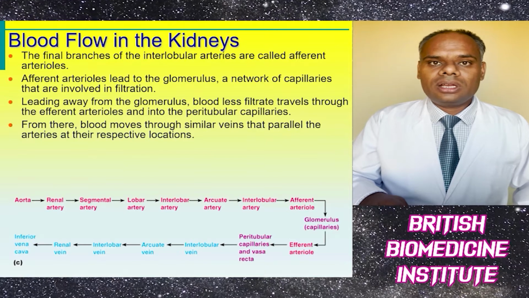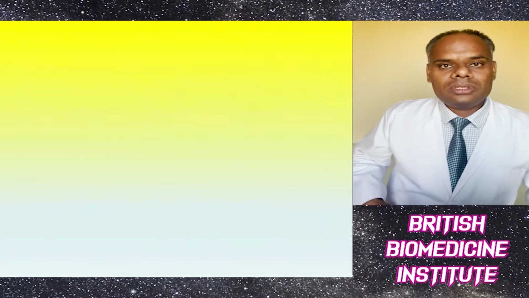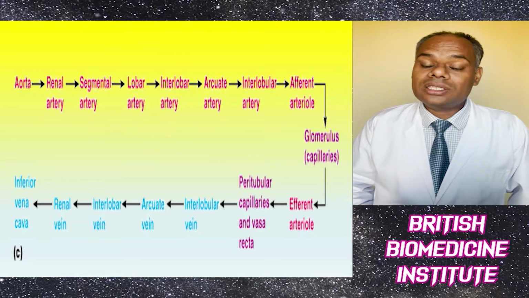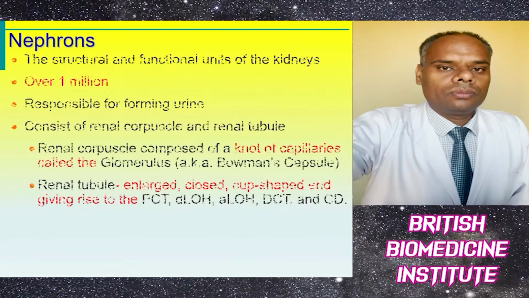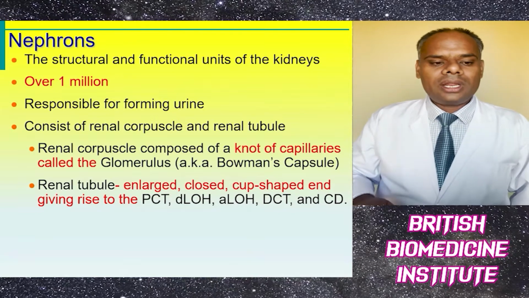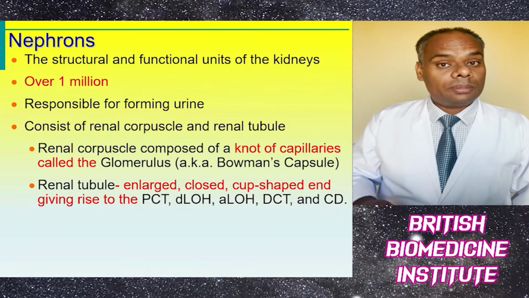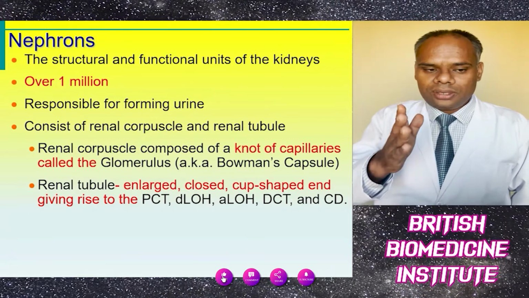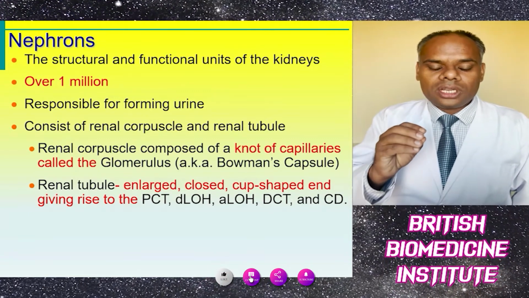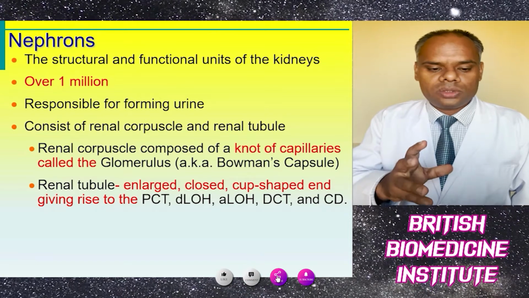So now come the nephrons. Nephrons are the structural and functional unit of the kidney. Over 1 million nephrons are present, and they are basically responsible for the formation of urine. They consist of renal capsules and renal tubules.